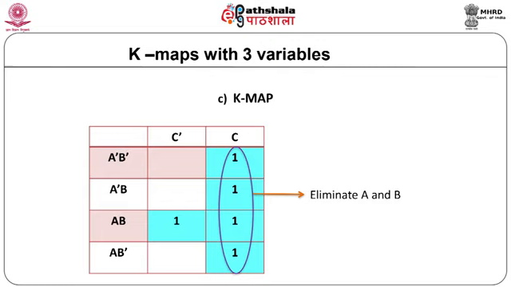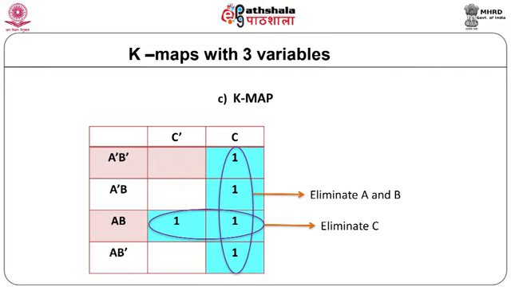Similarly, we can couple A B C bar with the one present in A B C. Thus, we can have a group of 2 terms. So, that is a pair. In this pair, we can eliminate C and A B will remain as it is.